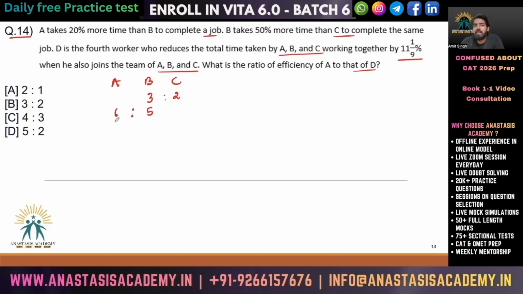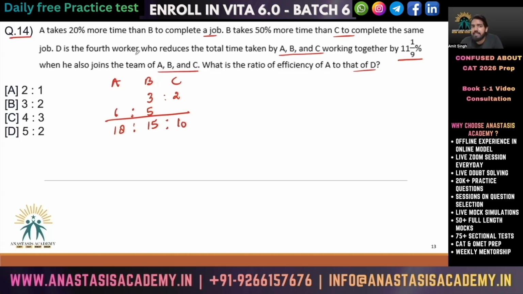So the combined ratio would be 5 × 3 is 15 and 6 × 3 is 18, and this would be 10. If C takes 10 days, then B takes 15 days, A takes 18 days. This is the ratio of time taken to complete the same amount of work.